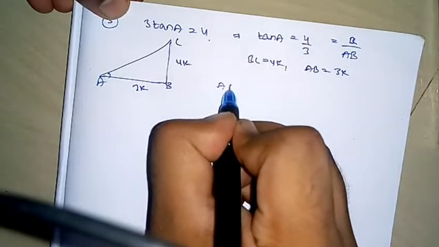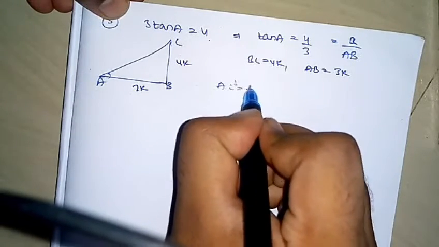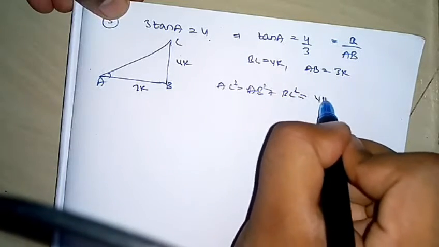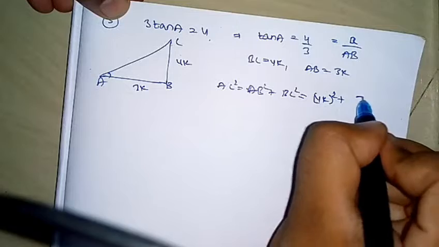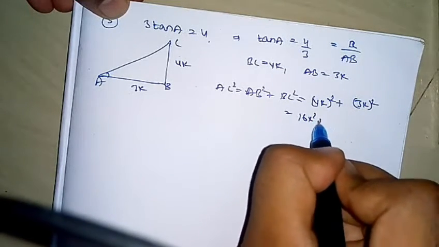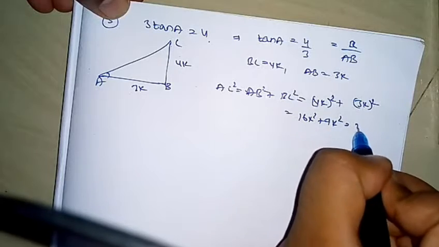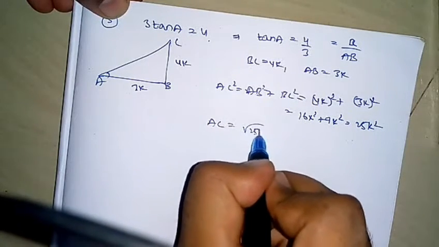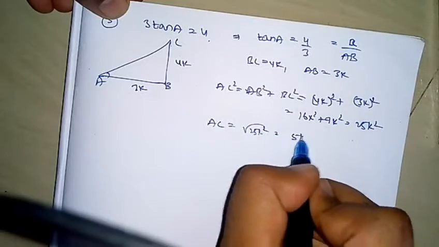So hypotenuse AC square will be equal to AB square plus BC square, which is equal to 4K whole square plus 3K whole square, which is 16K square plus 9K square, equal to 25K square. So AC will be equal to root 25K square, or 5K.